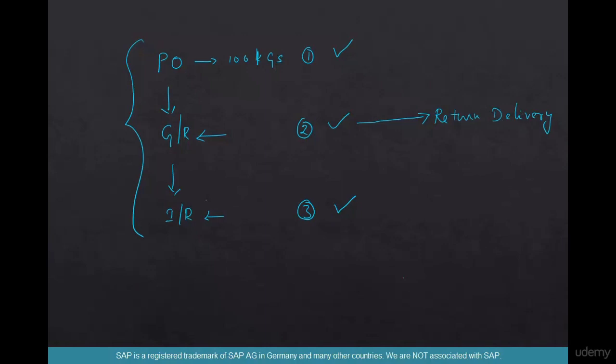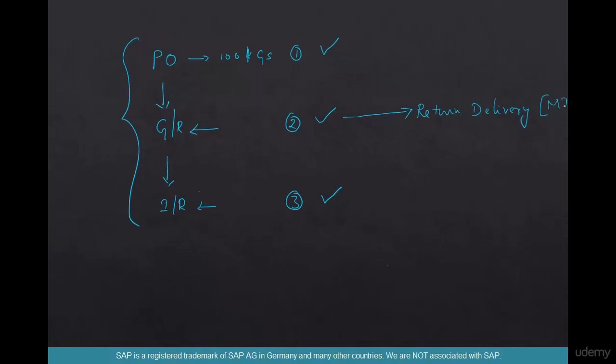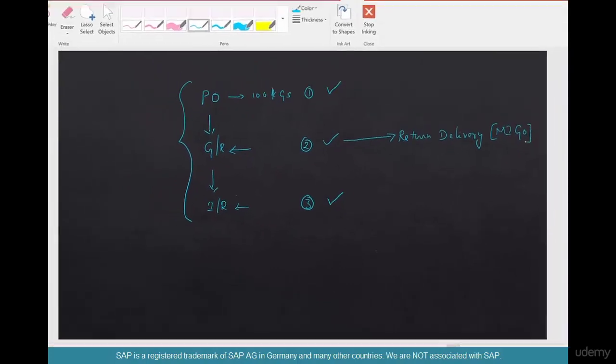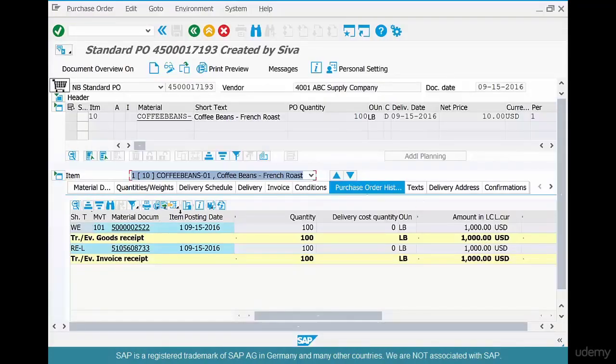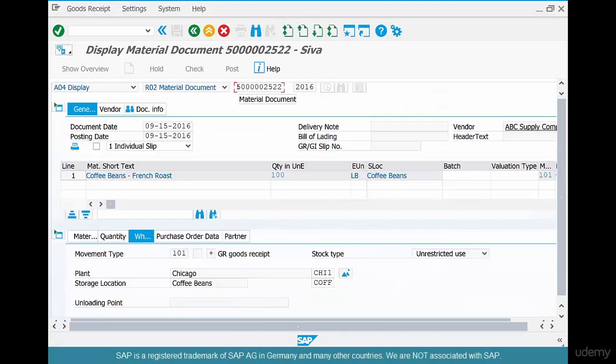And where do you do it? In MIGO. So let's do that. Let's copy this material document. Control C. Go back.